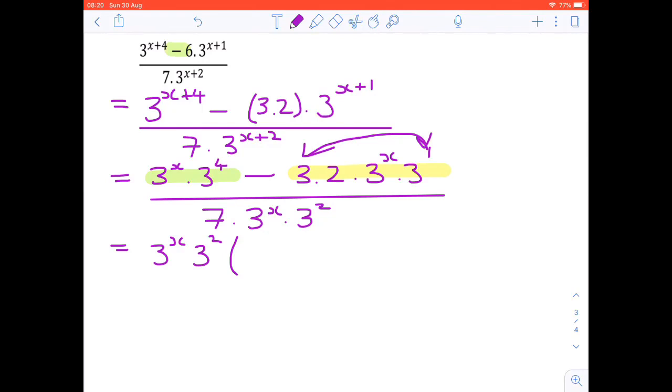To get back to 3 to the x times 3 to the 4, we need a 3 squared, minus 2.